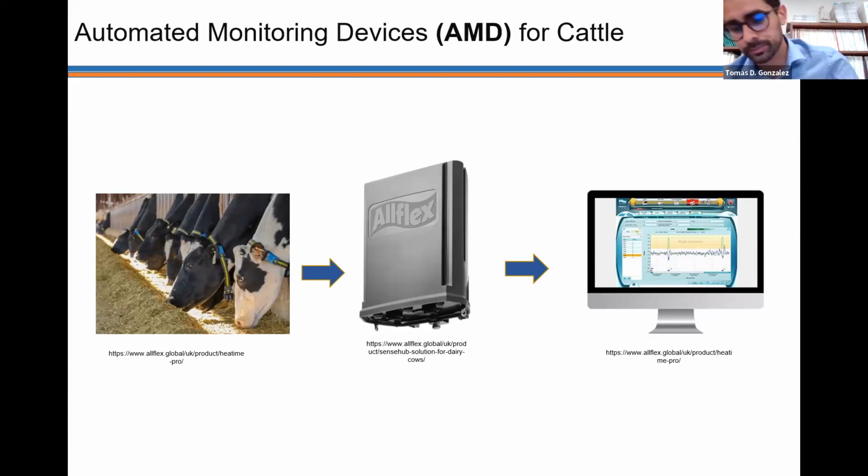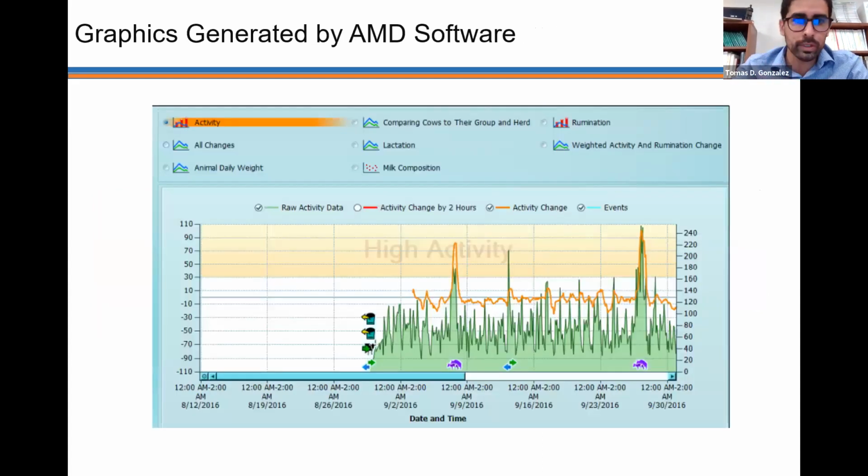Something important is how these devices measure these changes in animals: according to the movement of the head when the cow is moving, and likewise when they are chewing.